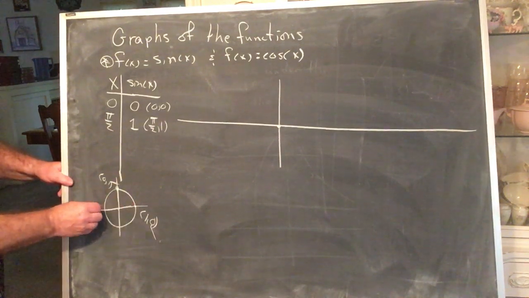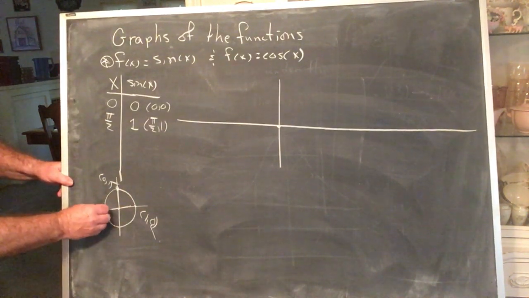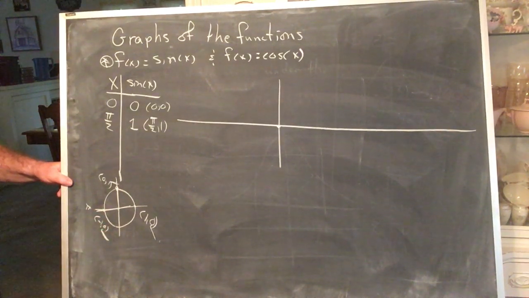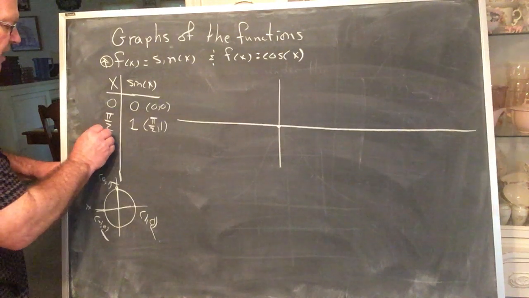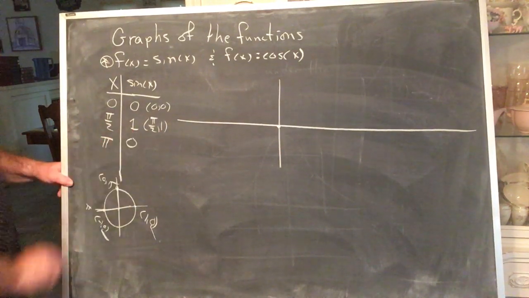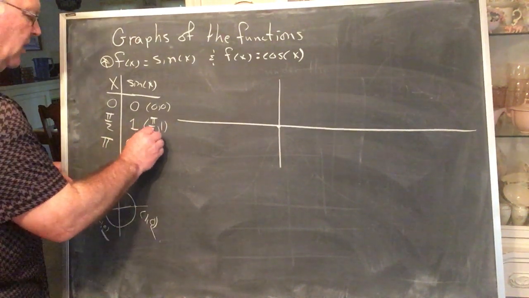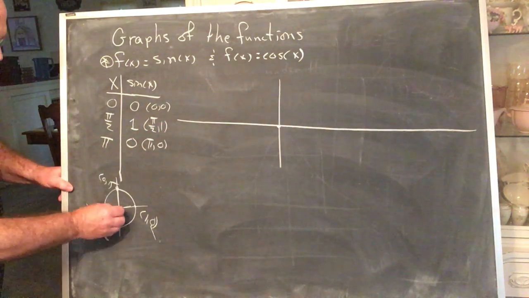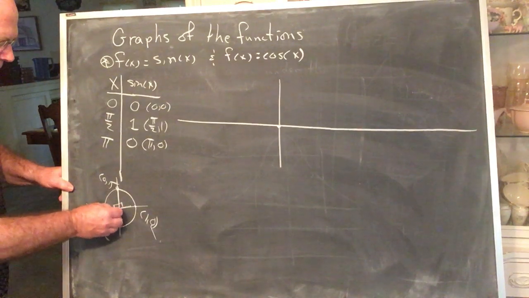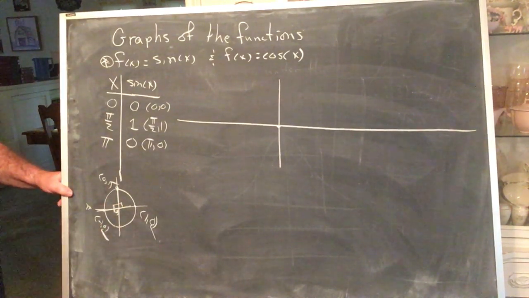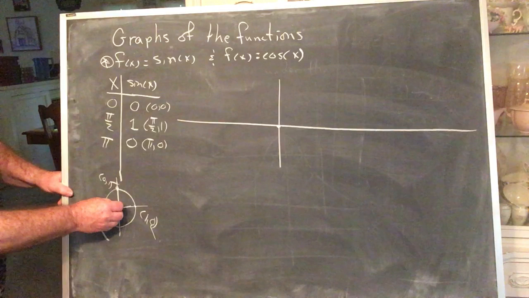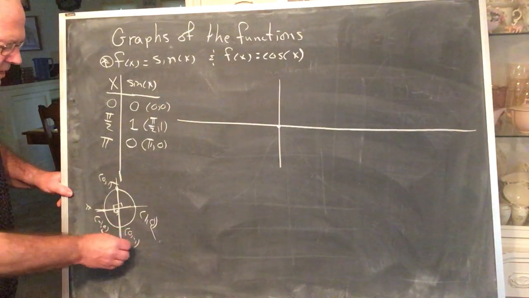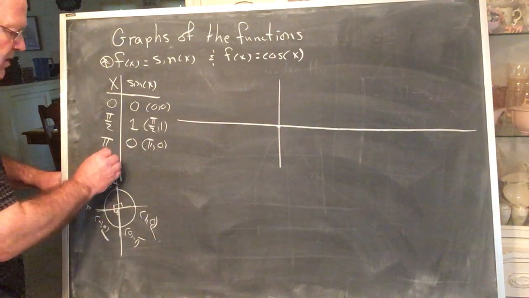Next quadrantal angle is pi. Well, that corresponds to the point (-1, 0), the y coordinate of which is 0. So the function value at pi is 0. We just found the point (pi, 0). Our next quadrantal angle is 3 pi over 2, in this direction. The coordinates of that point are (0, -1). We select the y coordinate.